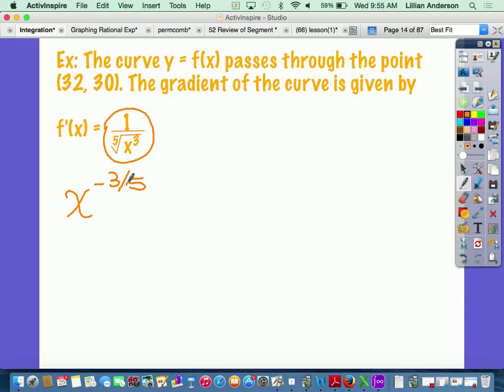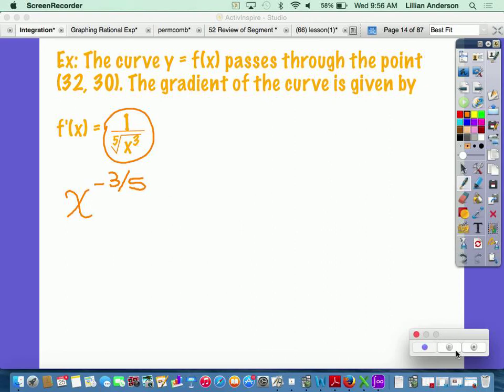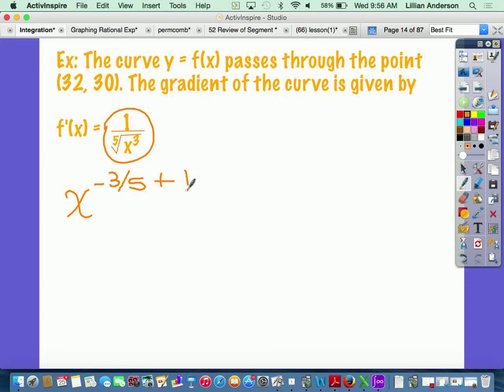I want everyone to find the antiderivative of this right now. I'll give you 17 seconds. Find the antiderivative of this. 15 seconds, that was more like 30 seconds. 35. Okay, remember, you add 1 to the exponent, and then you do 1 over the sum between those two.